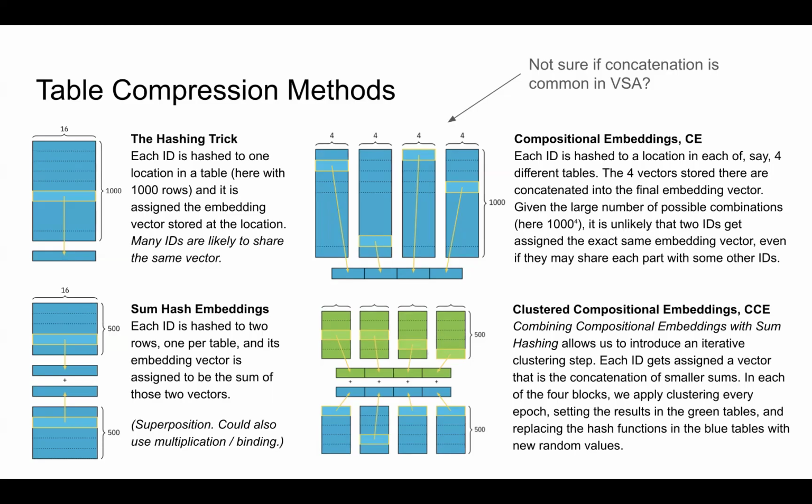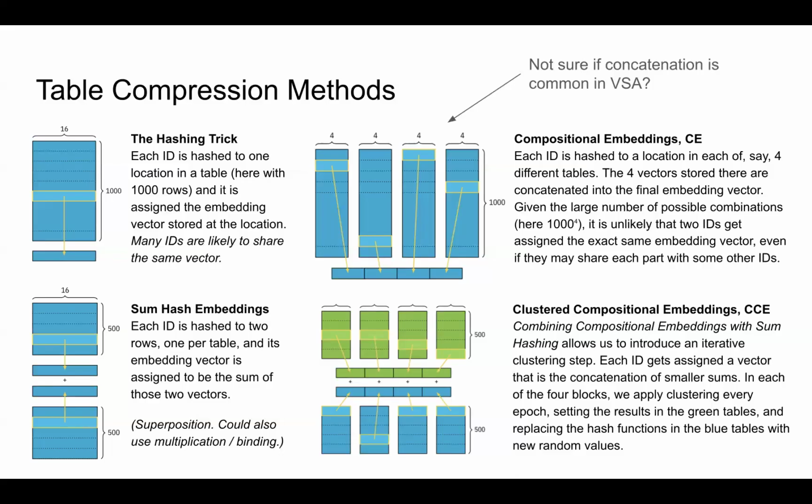Anyway, our method also uses this concatenation, but the most interesting part is the summing part. In each column, we do the sum hash, but we don't pick the hash functions at random.